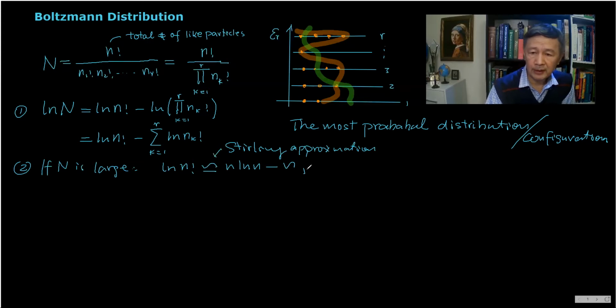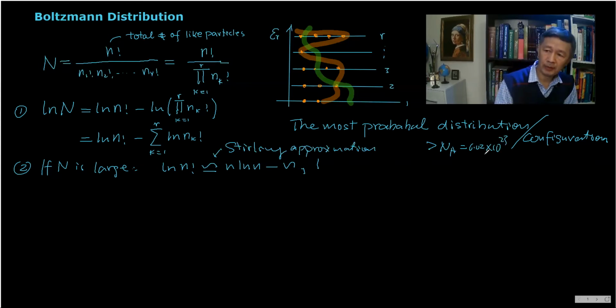Similarly, we can apply this Stirling approximation to the second term as well, because normally we are dealing with a large number of particles, much larger than the Avogadro number, which is 6.02 multiplied by 10 to the power of 23, that is 1 mole. So that number is large, which is the justification to use the Stirling approximation in this context.